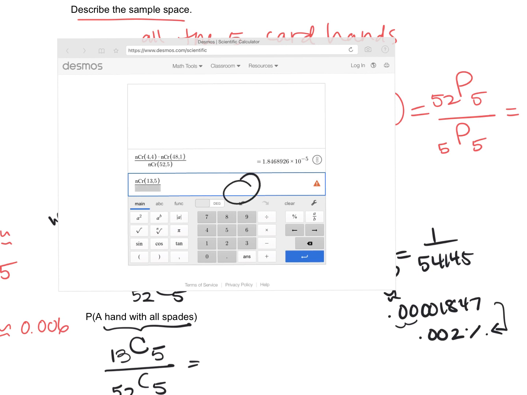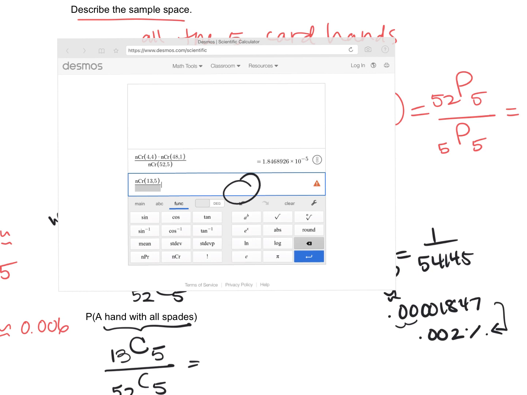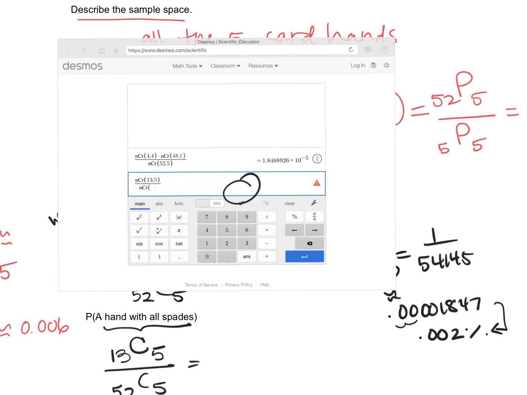I could have clicked on that. So when I'm inside the denominator, I'm going to write function NCR. Oops, didn't click on the bottom. There we go. NCR, go back to the main, and we're going to say 52,5. Again, it's giving it to us in that scientific notation.